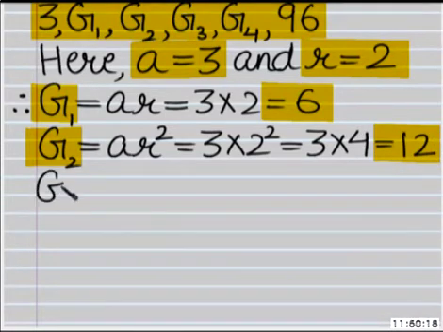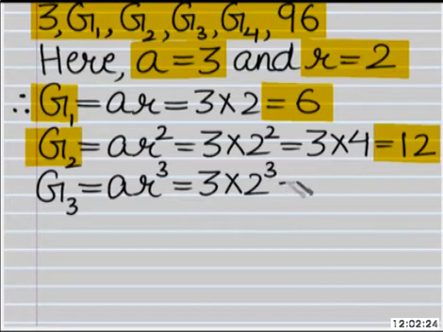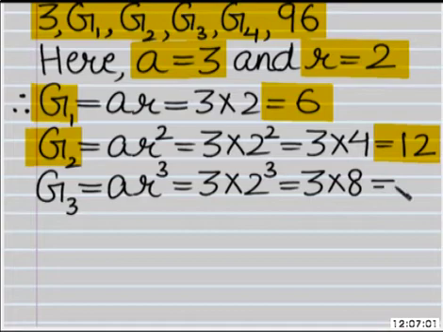Similarly, third geometric mean, G3, will be equal to A into R raised to the power 3, which is equal to 3 into 2 raised to the power 3, which is equal to 3 into 8, which is equal to 24.